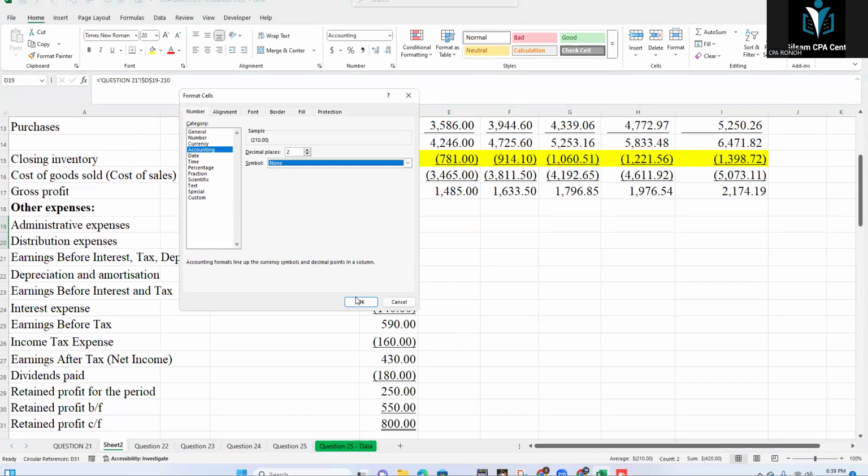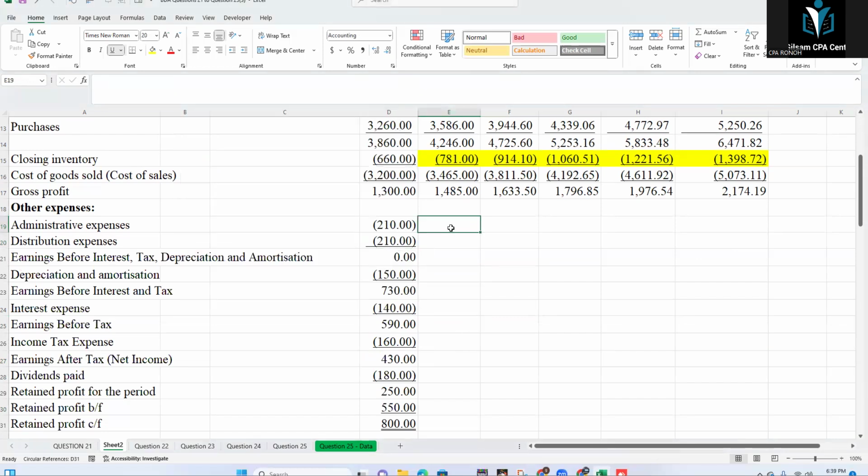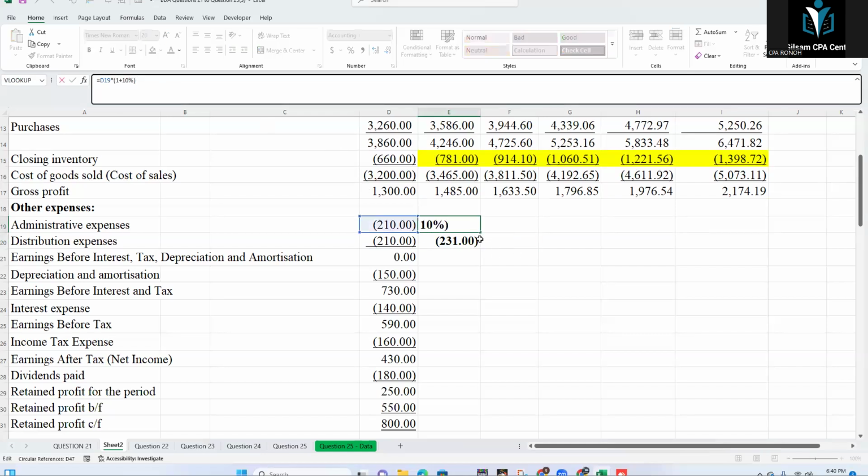Let's try this multiplied by, instead of referencing down there, you can just say 1 plus 10%, and then click enter. This one is working. Now it is working.